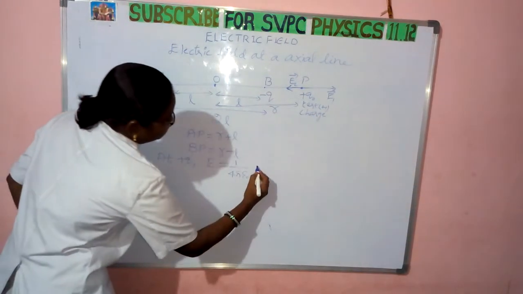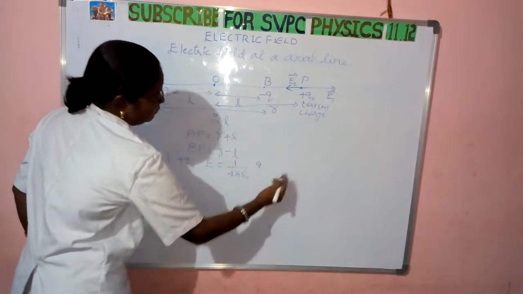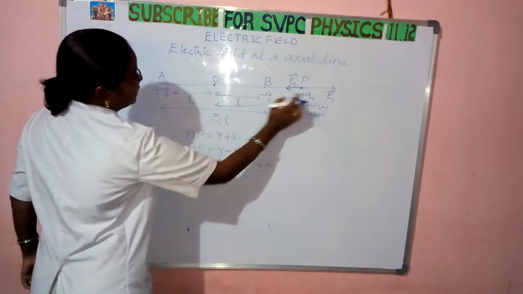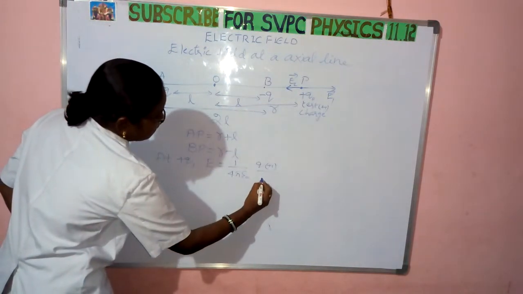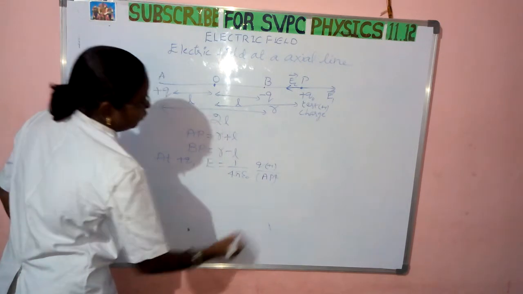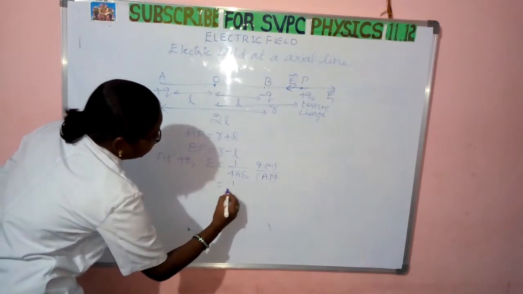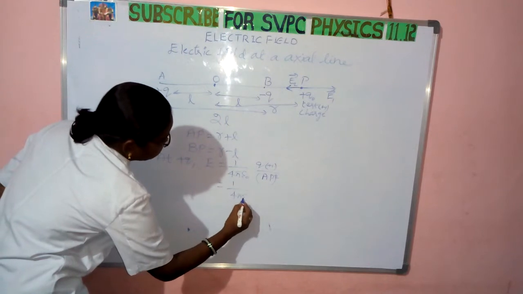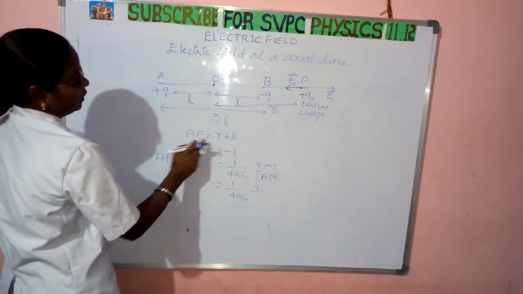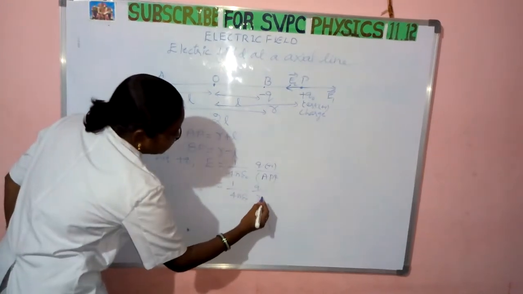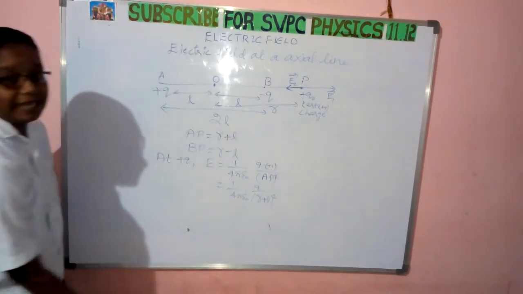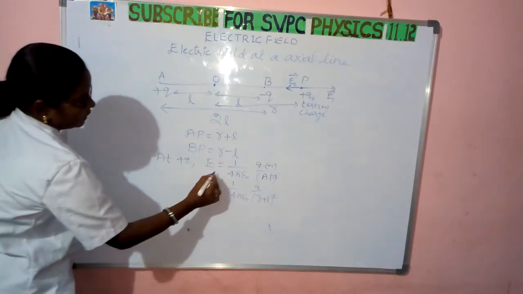By distance AP square. So 1 by 4 pi epsilon naught, Q into 1, divided by R plus L whole square. Now this is E1.